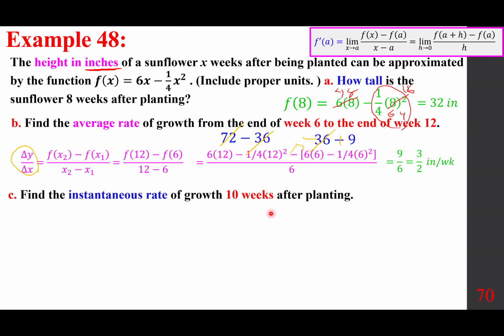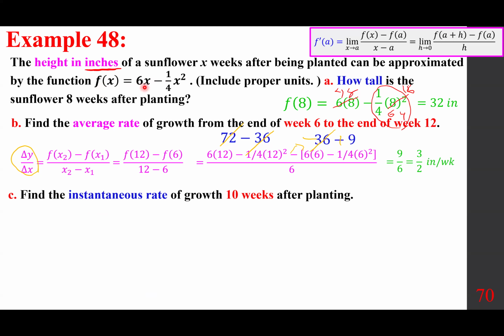Find the instantaneous rate of growth 10 weeks after planting. Now, even if they don't write instantaneous, if there is 1 point in time, that means instantaneous. So with that being the case, we have to differentiate. So we go back to the function f of x and differentiate.